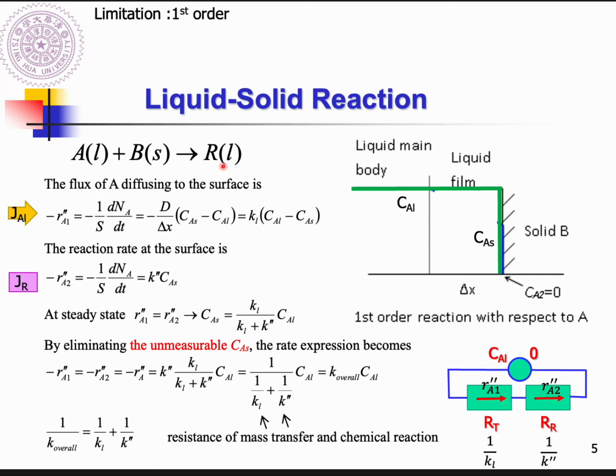When we try to plot the figure to represent this reaction, probably we will draw it like this. On your left-hand side, we have bulk liquid A. On your right-hand side, you have solid B, and in between is a transport layer or film layer, which we call the liquid film layer.